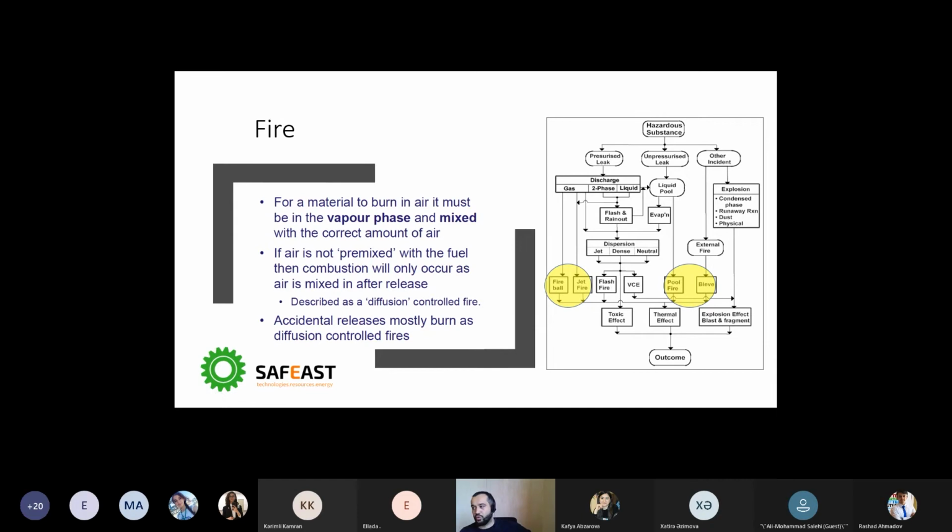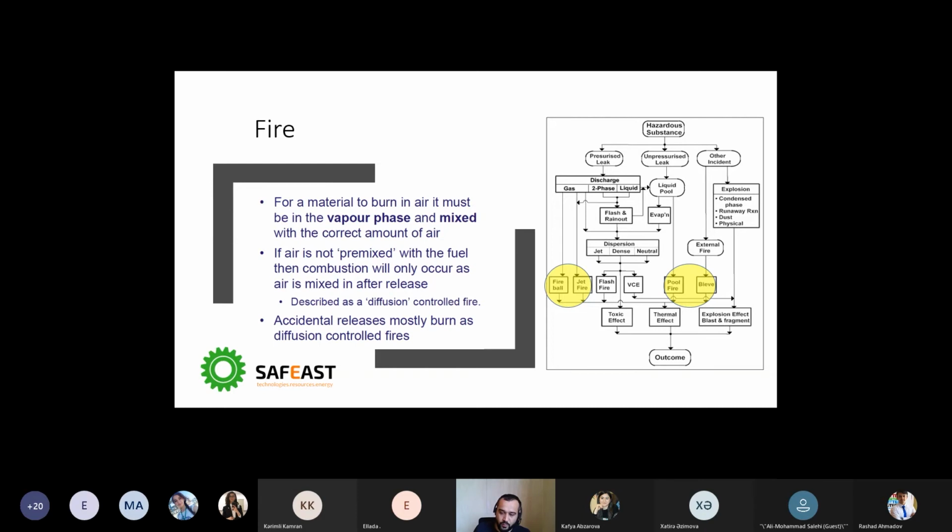So basically, this is like a simple triangle. For material to burn, air must be present in the vapor phase, mixed with the correct amount of air. I'm sure you have heard about the upper flammable limit and lower flammable limit. You need to be within these limits.